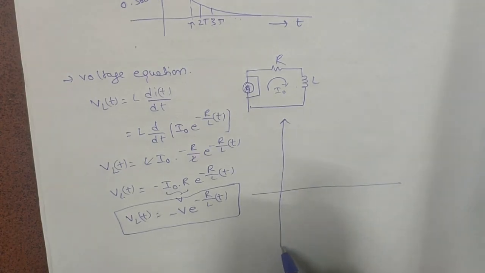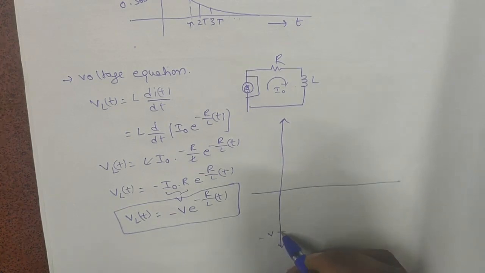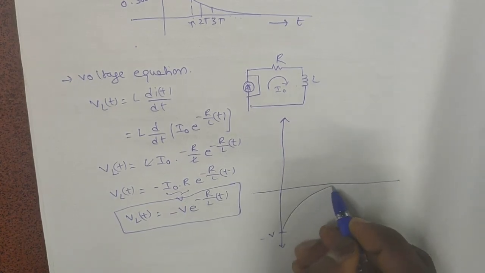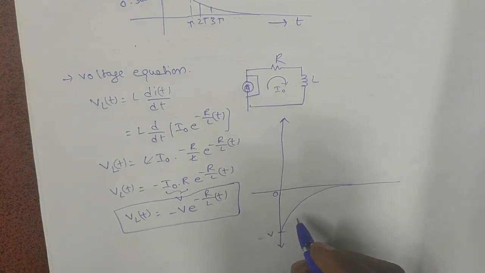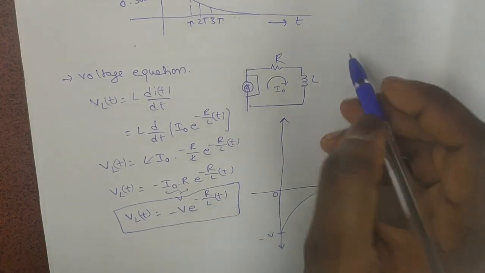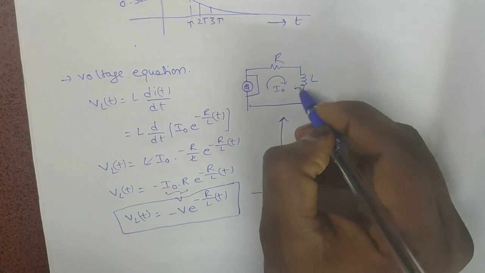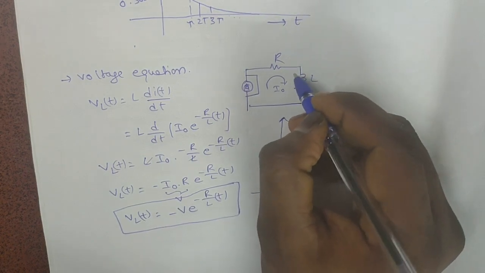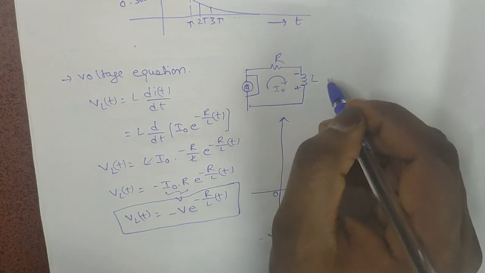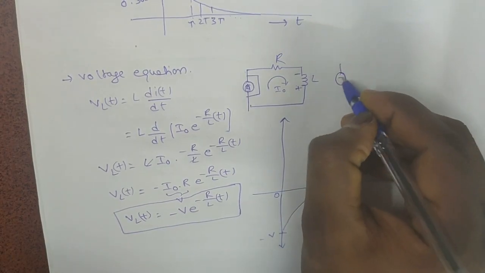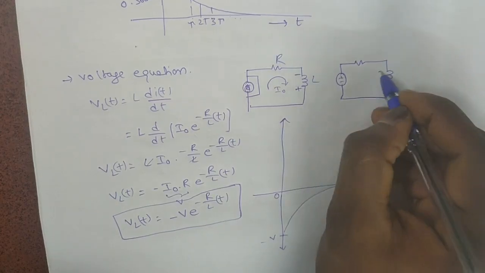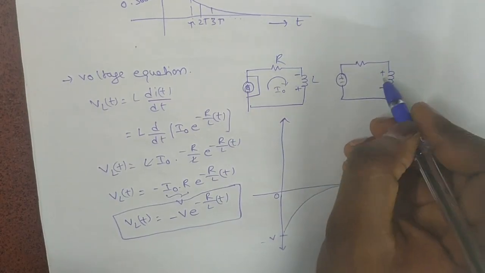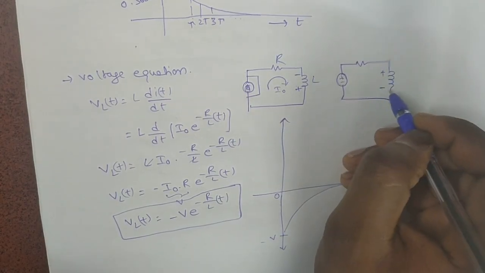as it is negatively signed, so minus V, it will be in the decreasing form. So we can look at this as the polarity being reversed. Before, when the source is existing, the positive polarity will be on top and negative will be down.